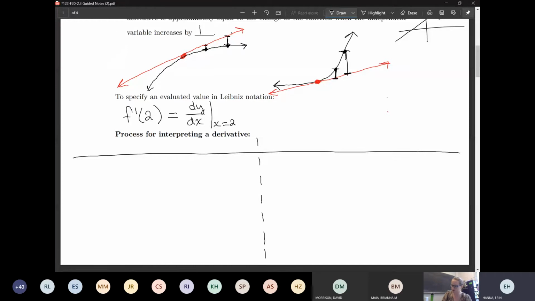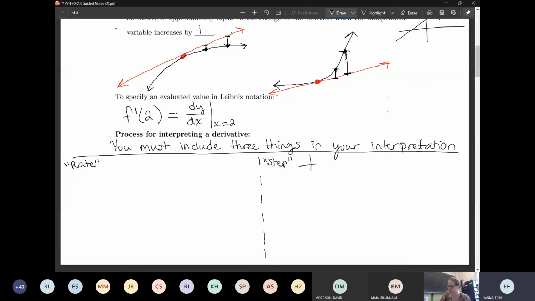So in either case, if you're trying to interpret a derivative, you must include 3 things in your interpretation. In either case that you go in, it's always these 3 things that you need. So we have our rate way and our step way.